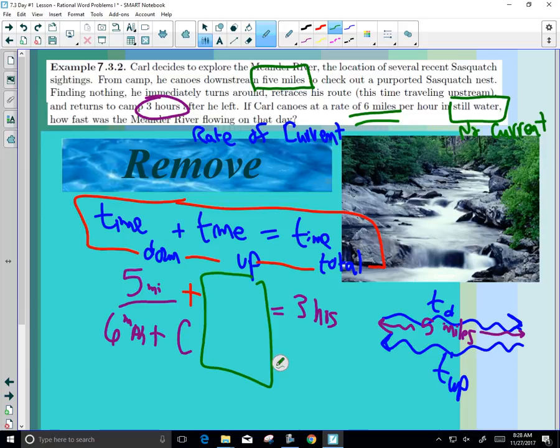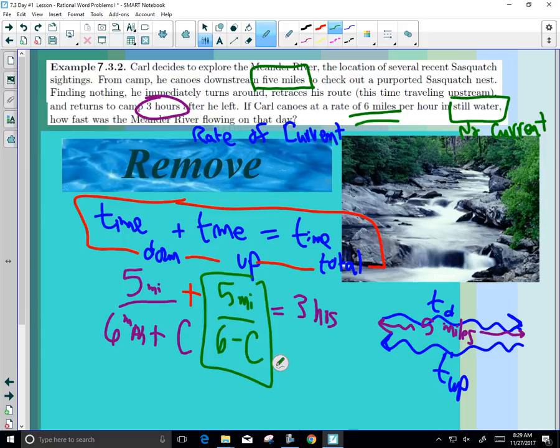So when it went downstream, I'm going 6 miles per hour plus the current. You figure out what this ratio is going to be. Andy, tell me what you get for the fraction here. How far did they go? 5 miles. Perfect. And then what will the rate be if they have to go against the current? 6 miles per hour minus the current. Yeah, 6 minus C. Nice.